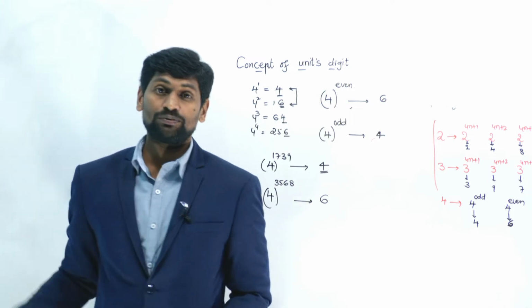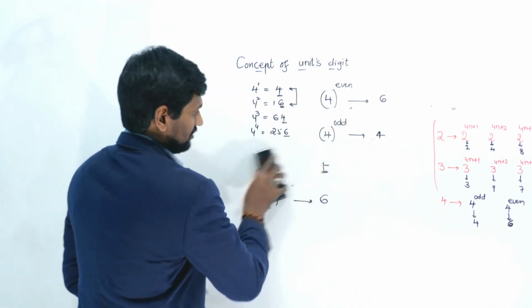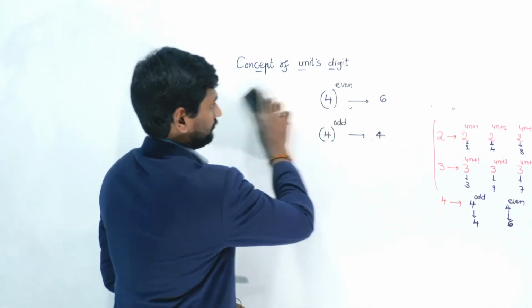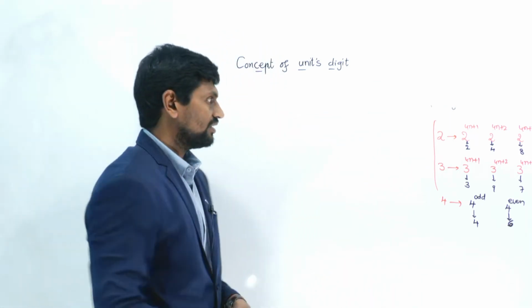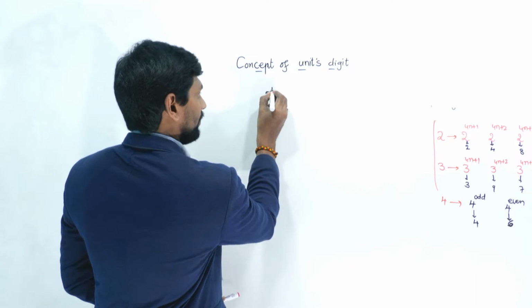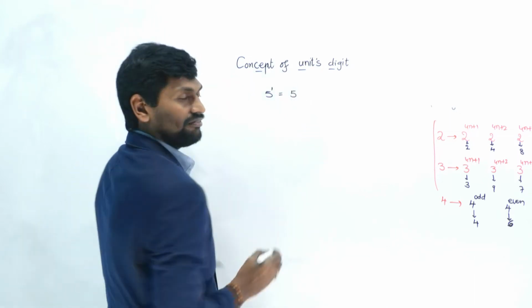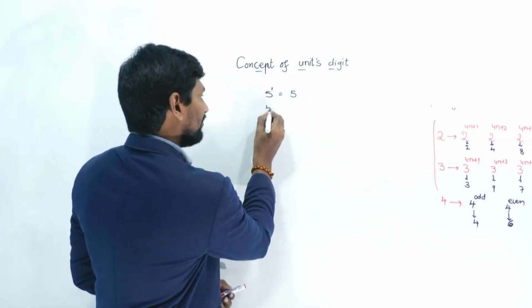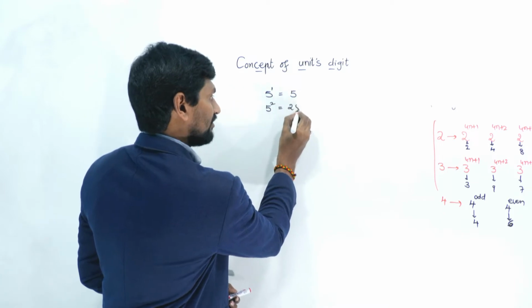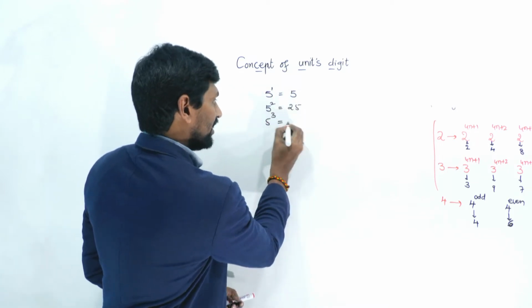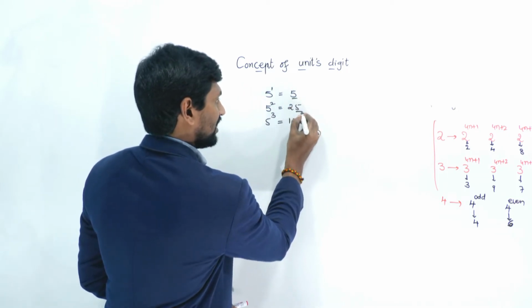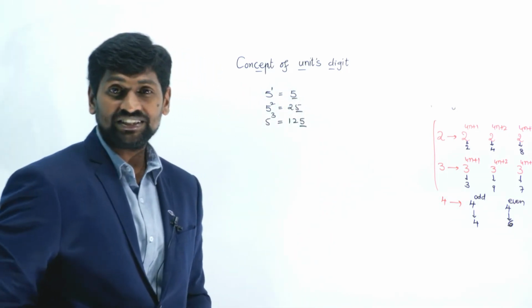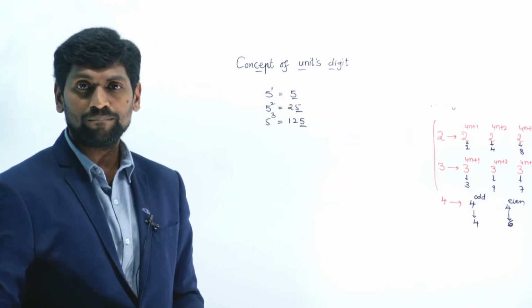Let us see the concept of 5. 5 power 1 value is 5 itself. 5 square, 5 into 5, 25. 5 cube, 5 into 5 into 5, 125. Just observe here, all have the same units digit, or not?